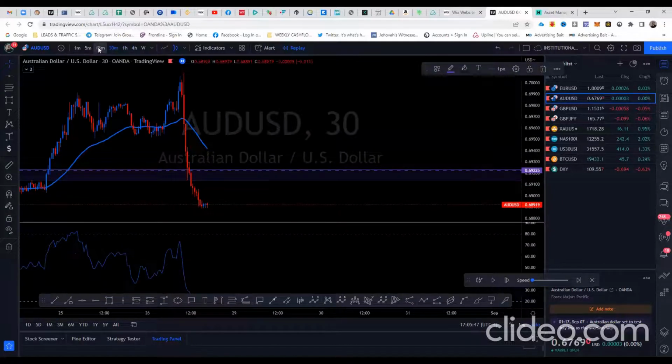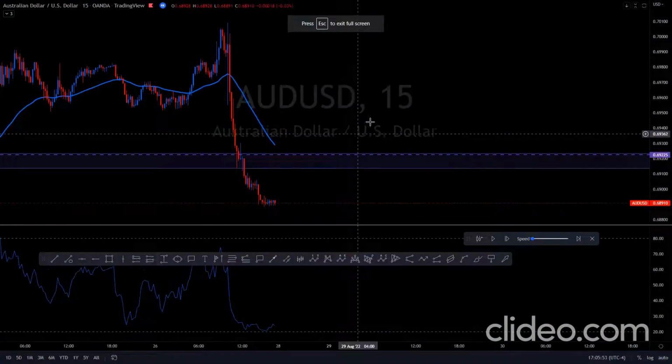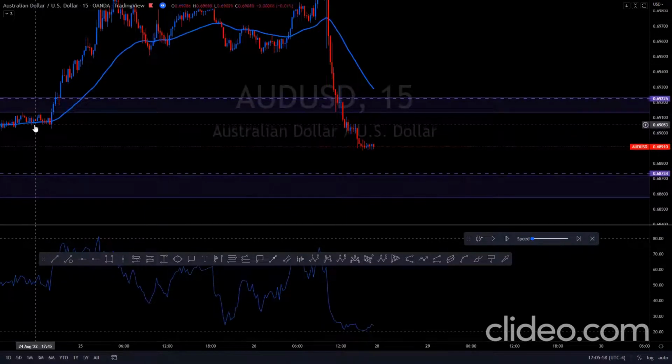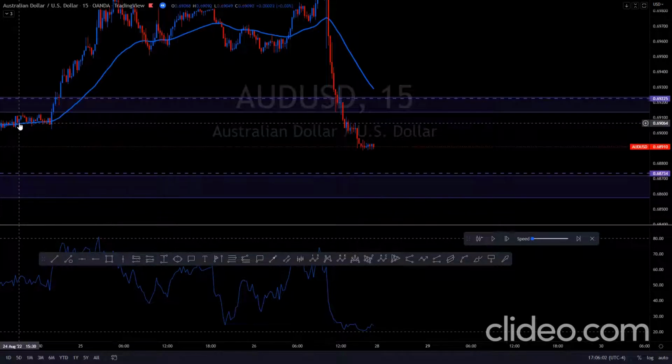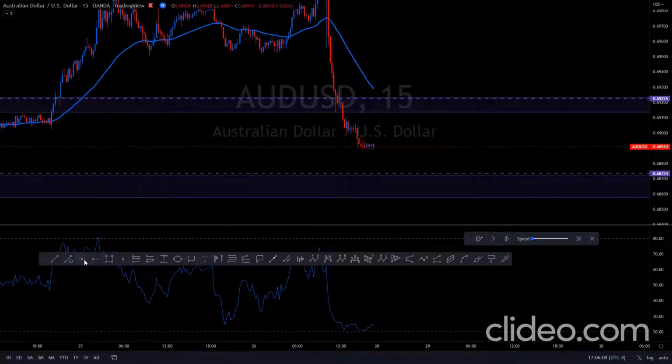30-minute, yep, 15-minute. So at this point, I'll draw a further demand zone. So we could see that there was another demand zone here, but then there's a base demand zone forming here.